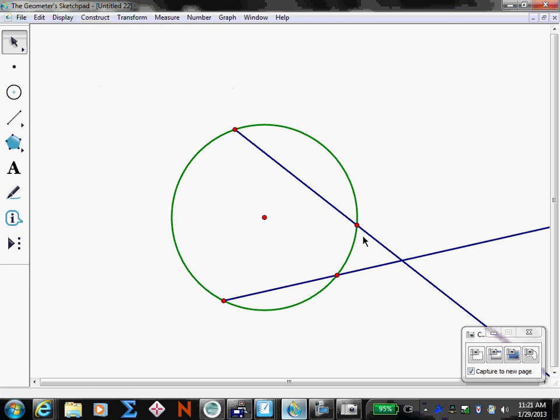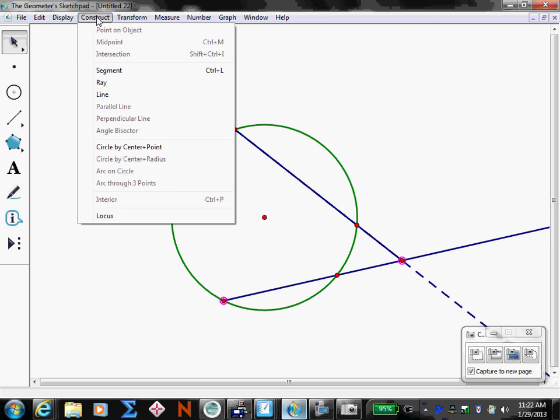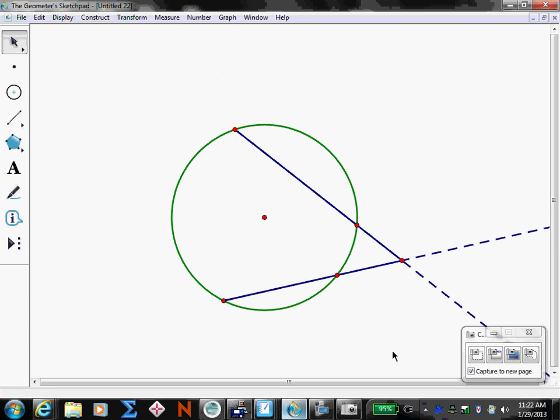Okay, so see, this is where they intersect, forming that angle that we want to figure out what the formula for it is. So I am going to highlight the intersection point and then construct those as segments. So I'm going to highlight these 2 points, construct a segment, highlight the other 2 points, construct a segment, and then I'm going to hide my rays.